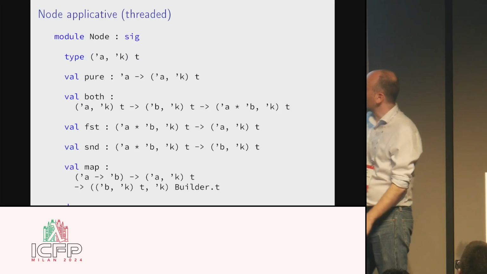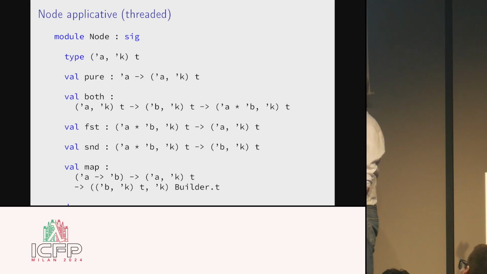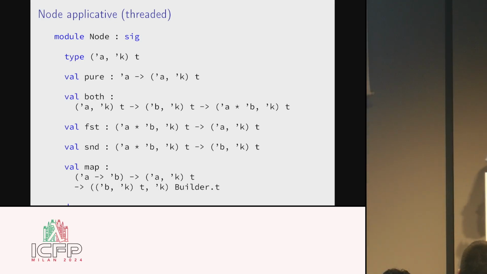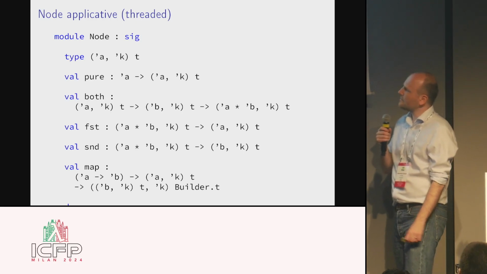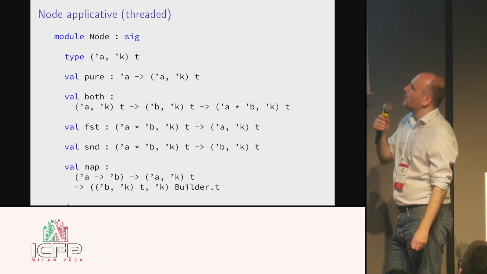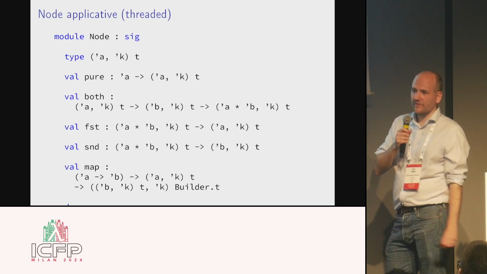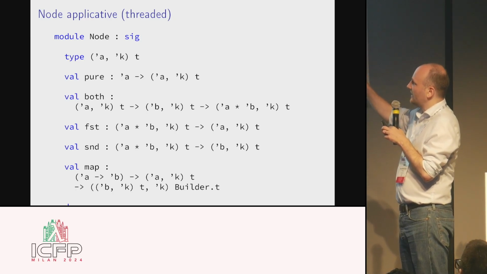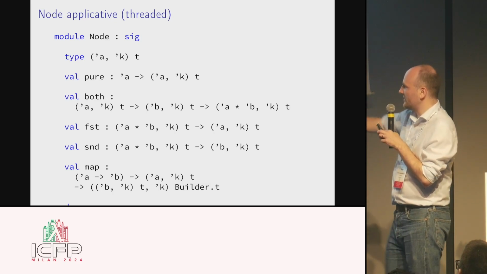And then we have node, which represents a node in the computation graph. It's a node that computes an alpha whilst in the computation graph K. And its interface is actually almost just an applicative, right? So you've got pure in both, and first and second, exactly as they would be if it was an applicative. And then the only difference is map.